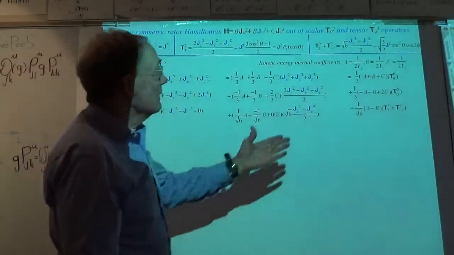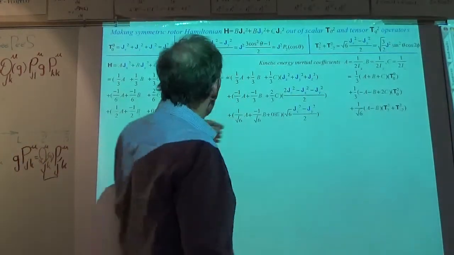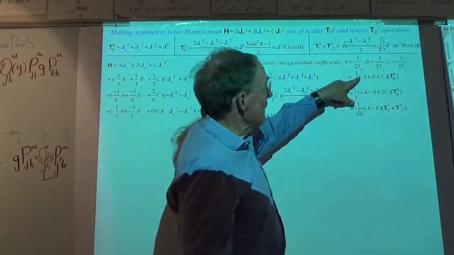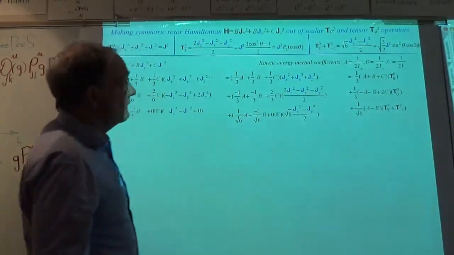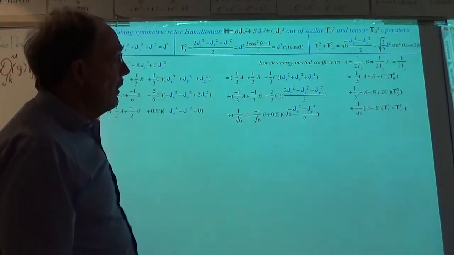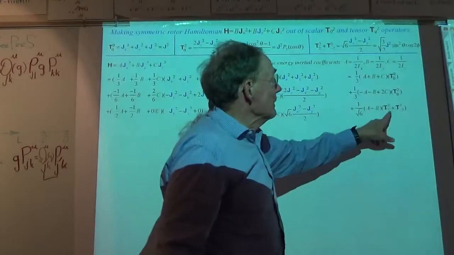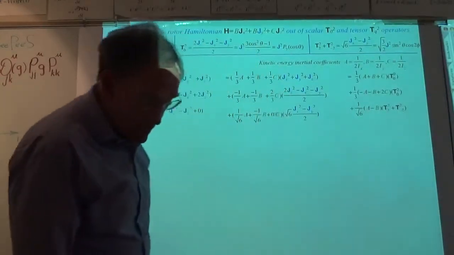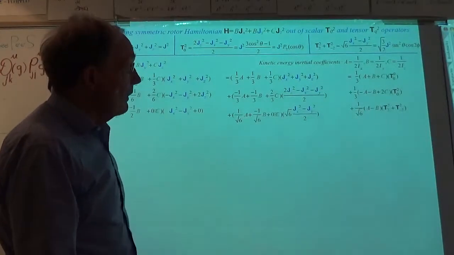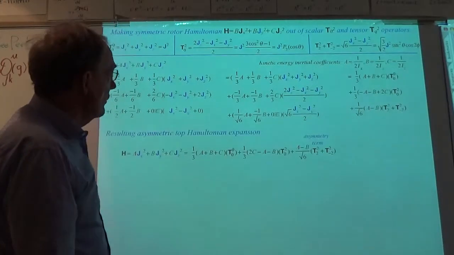So the thing that I want is the Hamiltonian written out as a sum of those 3 tensors, and I don't need the T2 ones or the odd parity ones with a minus sign. That was the XY cross term.